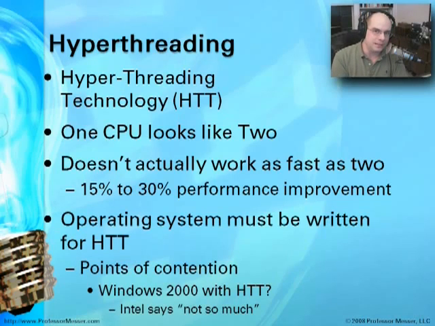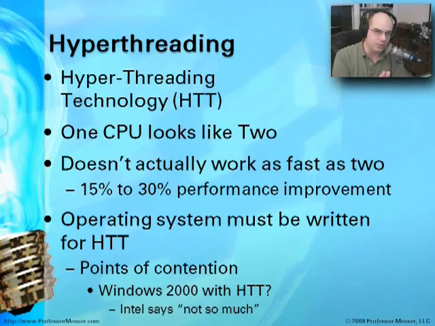Now, the operating system has to understand hyperthreading technology. If you're running Windows XP, that's an operating system that does understand that. Some older operating systems may not understand and be able to take advantage of that second CPU, or what we can consider a second CPU inside of the system.